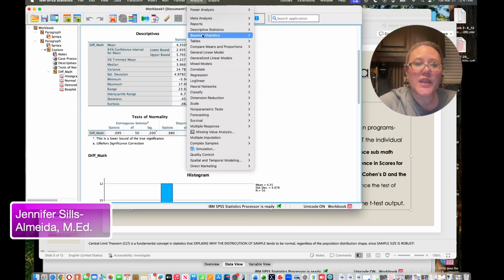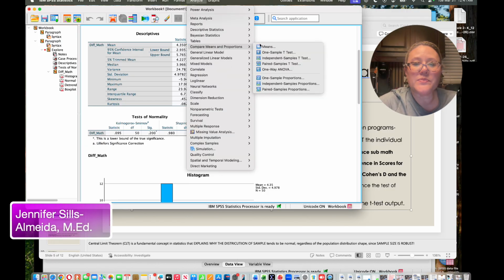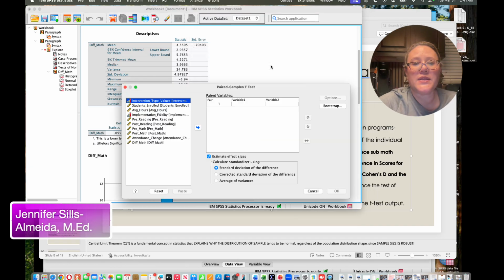Analyze, then Compare Means and Proportions, then Paired Samples t-test. What we're going to want to do is pair it, comparing the pre-math and the post-math. So variable 1 is going to be the pre-math, variable 2 is going to be the post-math.